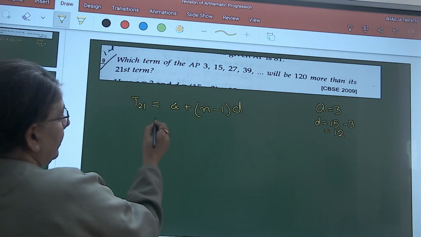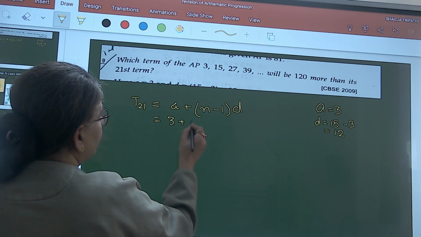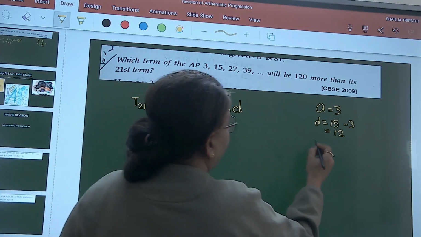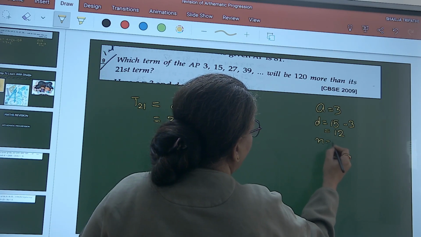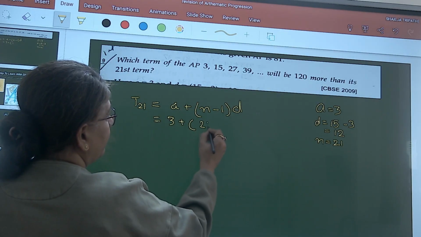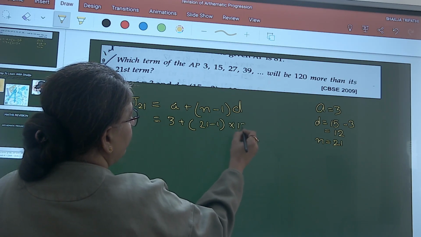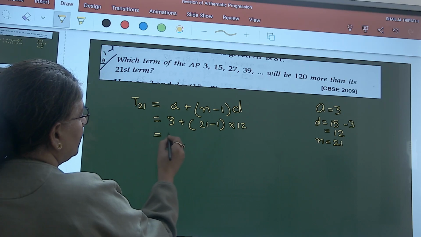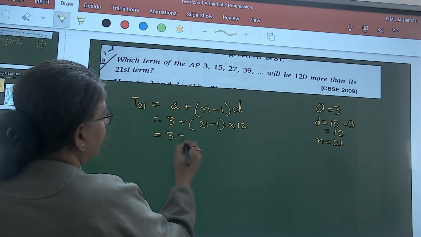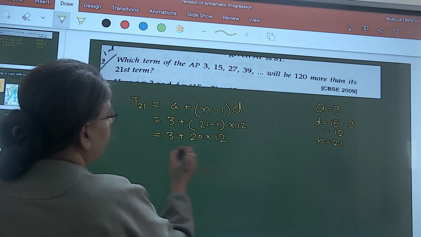So now we have A equals 3 plus, n is 21, so we are taking n equal to 21, so (21 minus 1) multiplied by 12. So what we get is 3 plus 20 into 12.